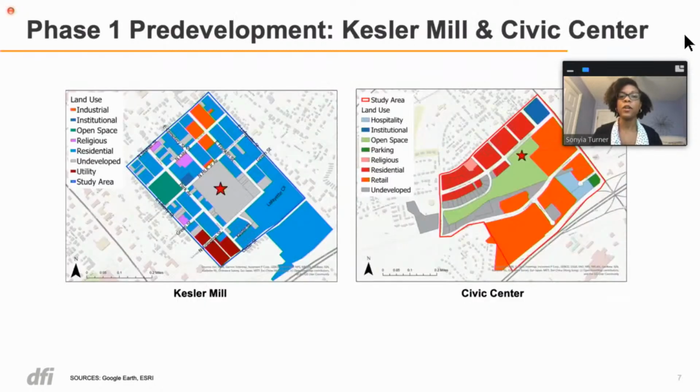For the phase 1 pre-development portion of our contract, we are looking at the Kesler Mill site and the surrounding adjacent houses and parcels to that site. And for the Civic Center, we did the same. We looked at the adjacent parcels to that site.